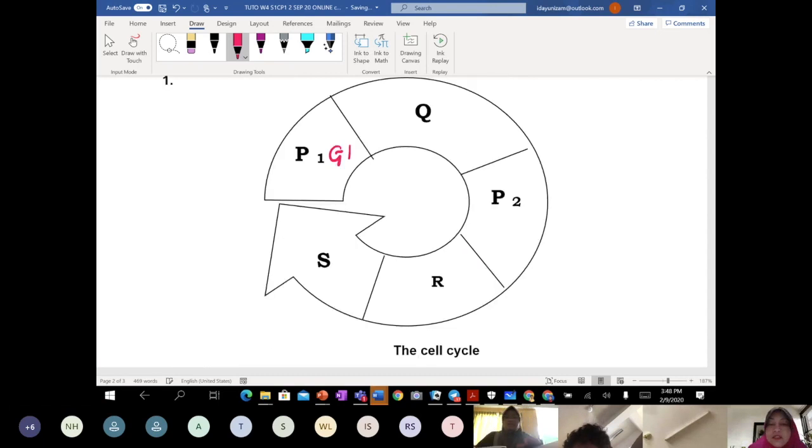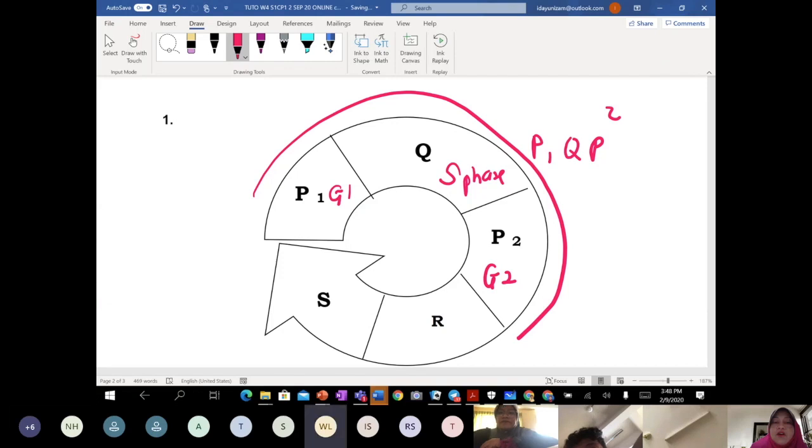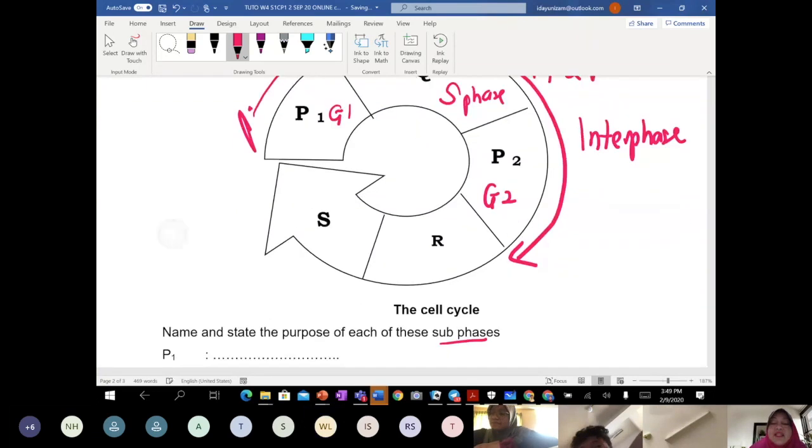Q will be S phase, and P2 will be G2 phase. P1, Q, and P2, they are all under what, class? They are all under interphase.